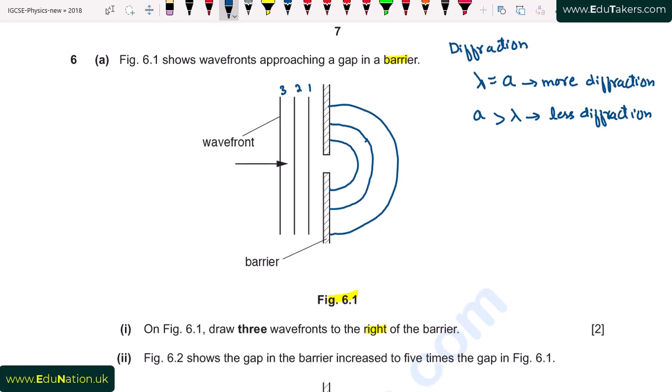We have to be sure that the wavelength should remain same. It means that here if distance is 1 centimeter, the distance between these waves is also 1 centimeter. The wavelength on both sides of the barrier remains same. So these are the three wavefronts that are on the right side of the barrier.